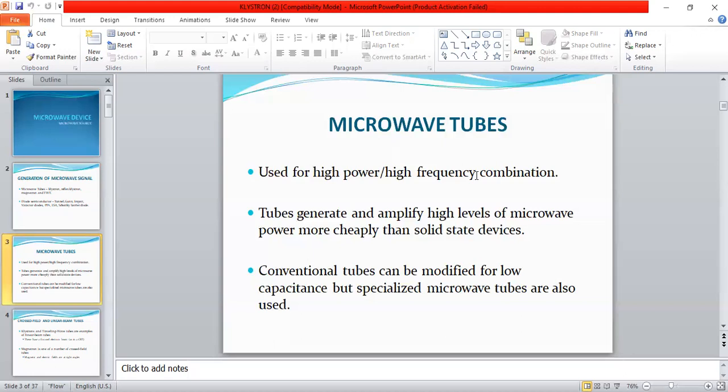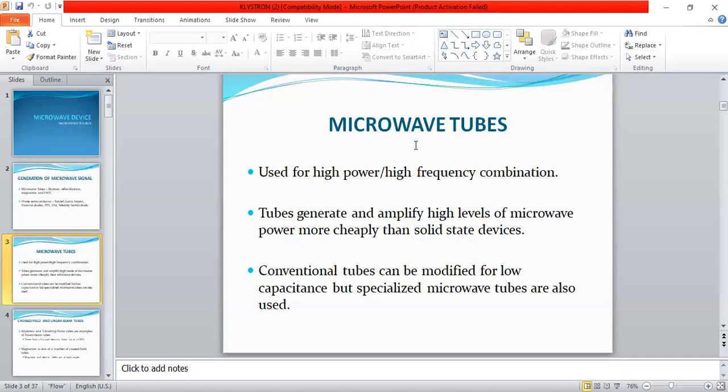Therefore, here the conventional tubes are modified as the microwave tubes by making the capacitance low between the leads. Now some of the points about these microwave tubes are these are used for high power as well as high frequency combination. High frequency, already we know that the frequency in gigahertz is high frequency.